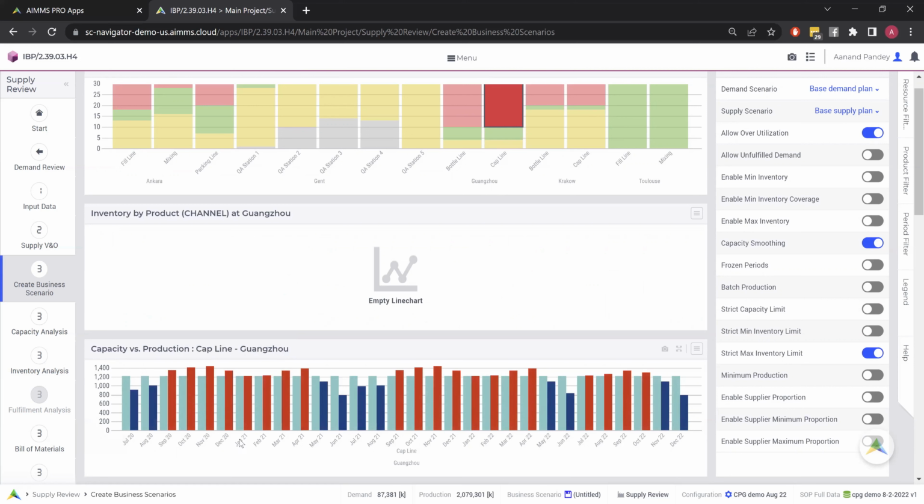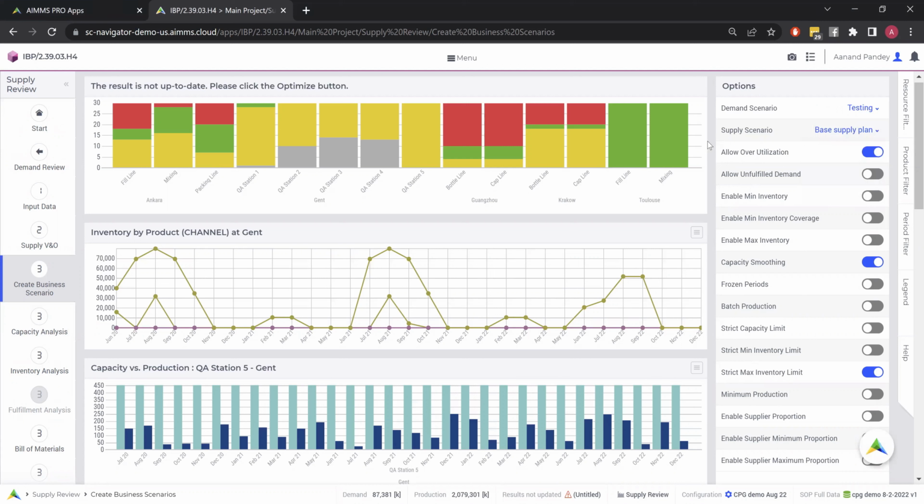But before that, let's run another scenario, which is going to be the testing scenario where, remember, all the demand manager has done is said that there is a potential for the volume of our online channel products to increase significantly by 20% for a few months. Keep your eye out on these bottom panel numbers.